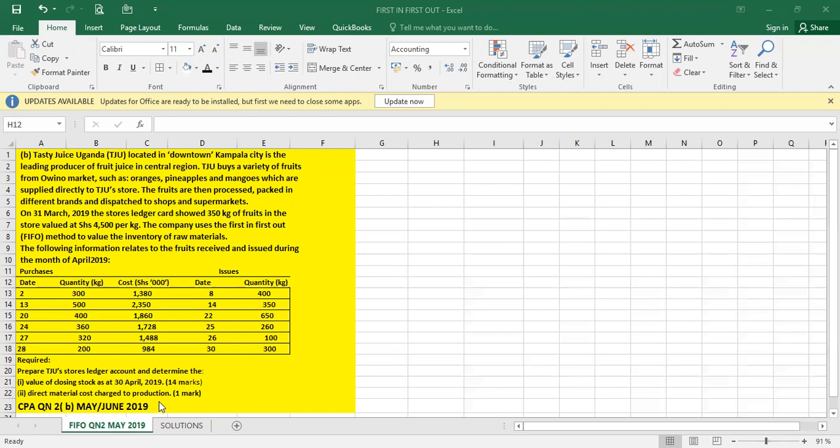Leave alone what we've purchased, but what is the total cost of what we issued in the production of juice? So when we are trying to look for these direct material cost, it will be the cost of these items we issued out, the total of it. It will be our raw materials that are consumed in the production.